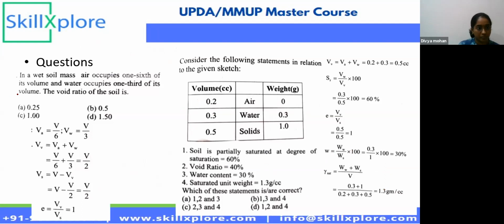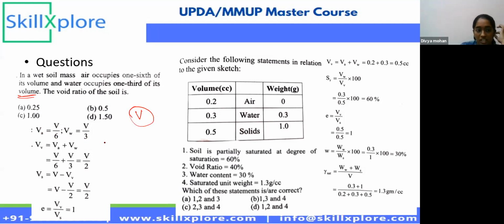And this is the question. In a wet soil mass, air occupies 1/6 of its volume and water occupies 1/3 of its volume. Find the void ratio of the soil. Here VA is 1/6 of its volume, where the volume is the total volume of soil. So VA is equal to V by 6 and VW is V by 3.